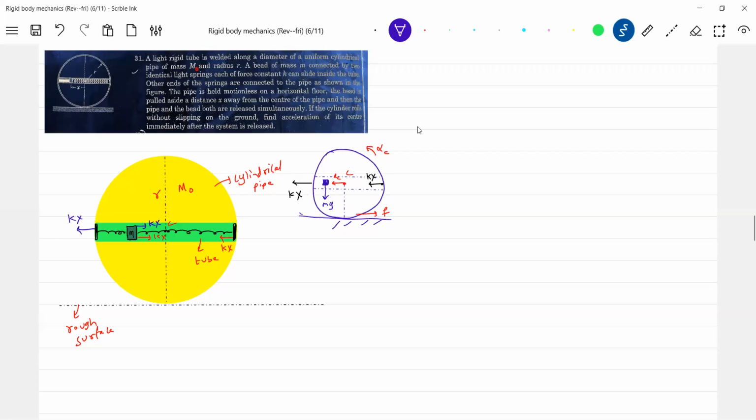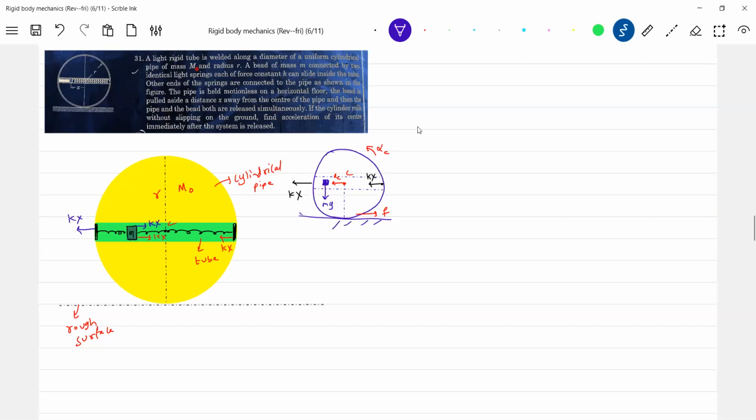This is very important. Okay, now look at the translated motion of the pipe. We'll discuss the cylindrical pipe; tube and pipe are different here. So cylindrical pipe, we'll discuss what is the motion of that one.